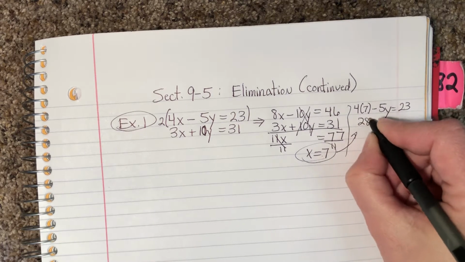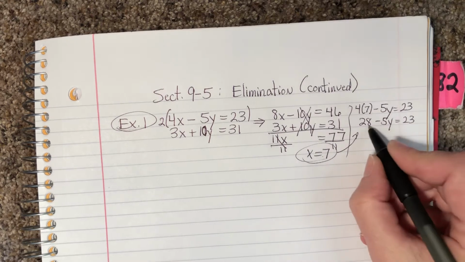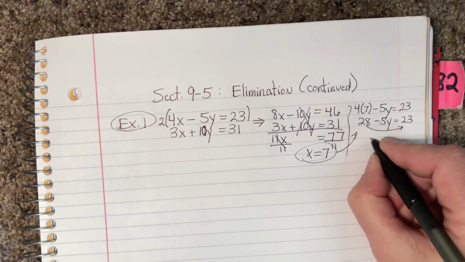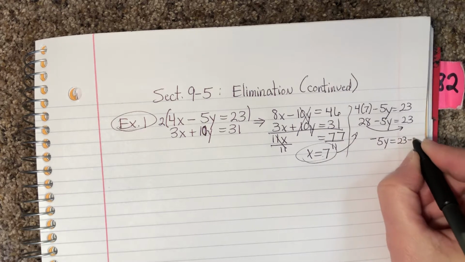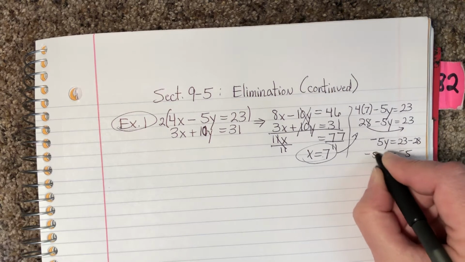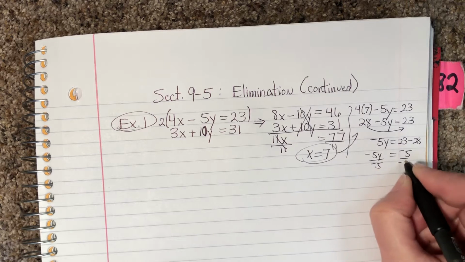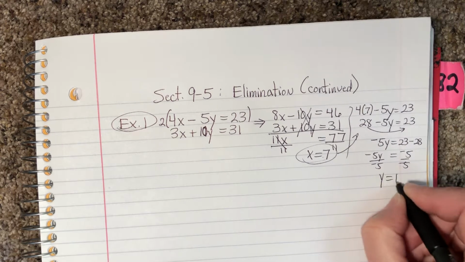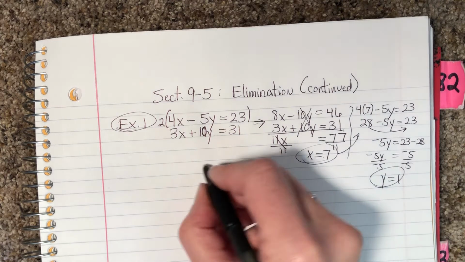So 28 minus 5y equals 23. Now I'm going to move the 28 to the other side. -5y equals 23 minus 28, -5y. So anyway, y is going to be 1. And my answer is 7, 1.